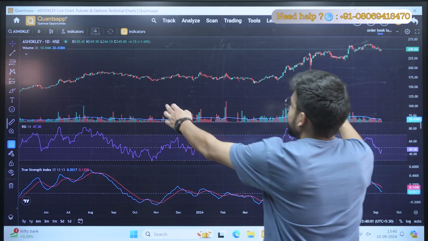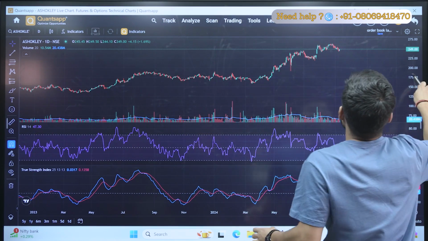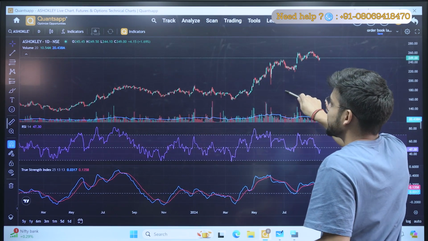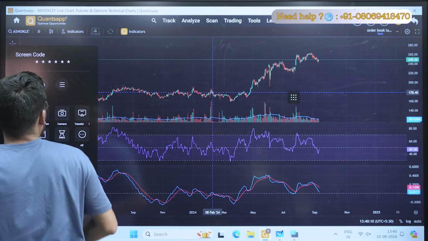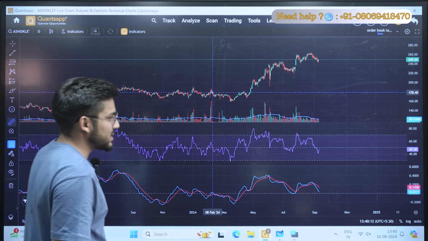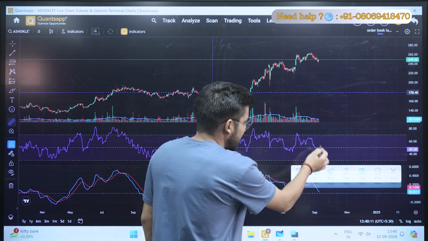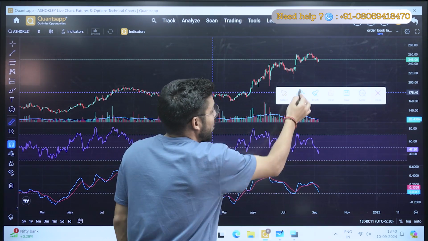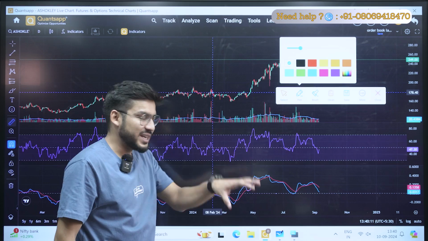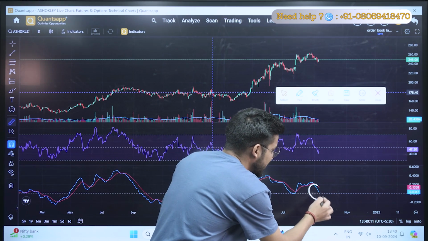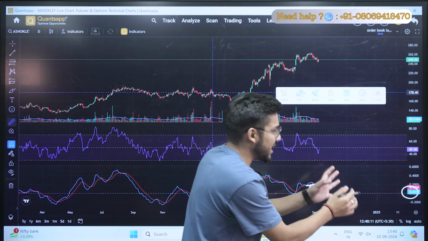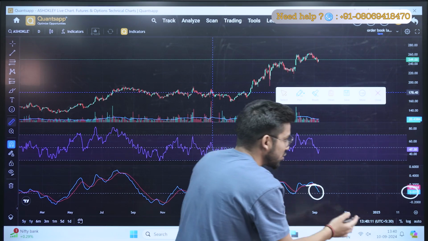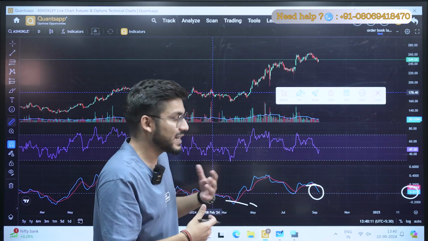In Ashok Leyland, if I'm making any trade, there are two or three things that you have to keep in mind. First, this is the true strength. When I'm making an entry, I want my true strength to be greater than 0. As I showed you, there is minus 0.2 also, but I want it greater than 0.